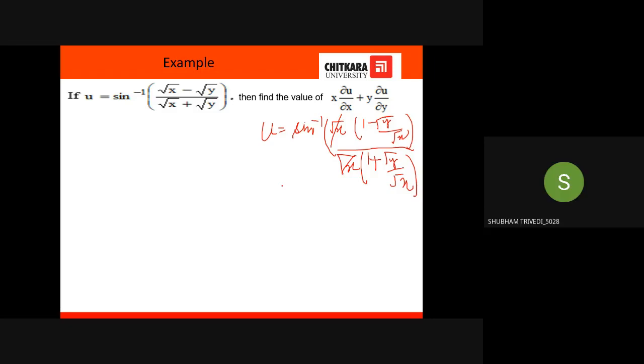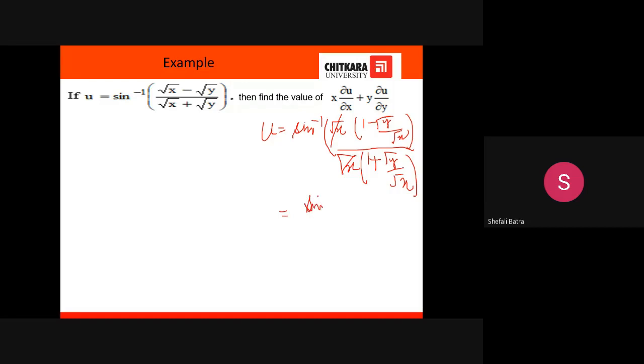Yes, no, ma'am. Why not and why yes? Ma'am, because of sine inverse, I think it could not be. See, if there is an existence of x, see what is left now.